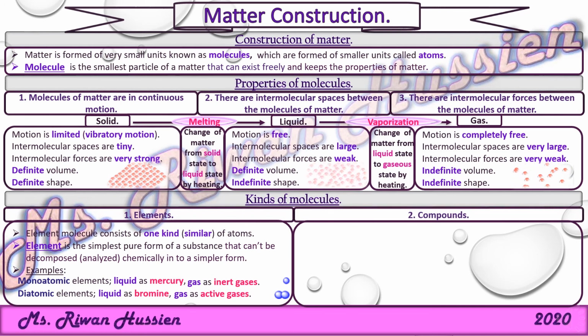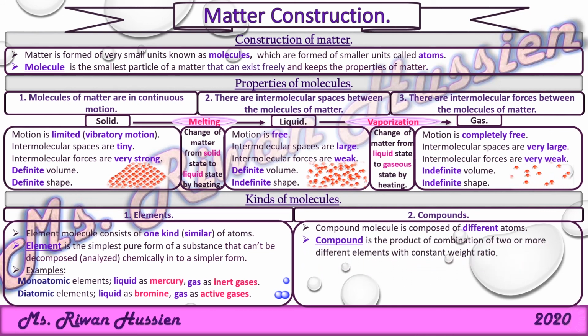Moving to the compound, we've said that the compound molecule is composed of different atoms, and we've defined compound as the product of combination of two or more different elements with constant weight ratio.